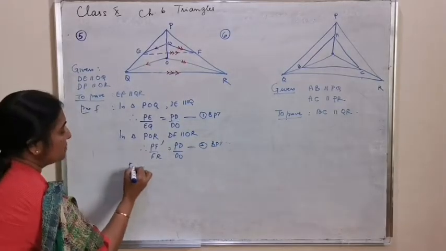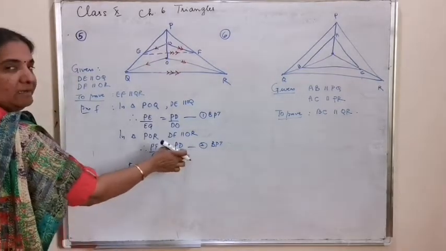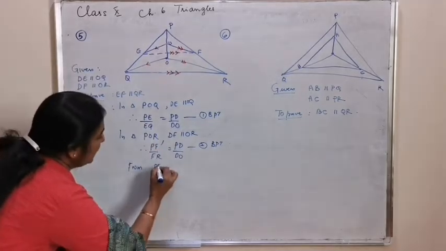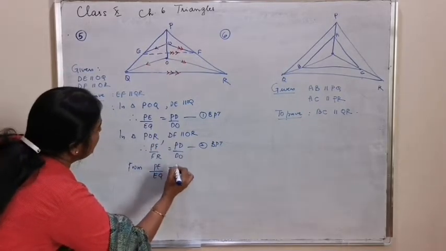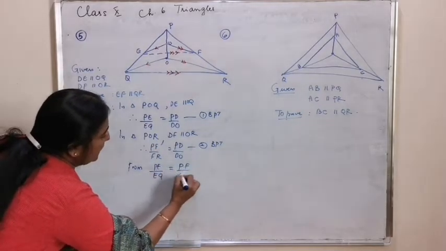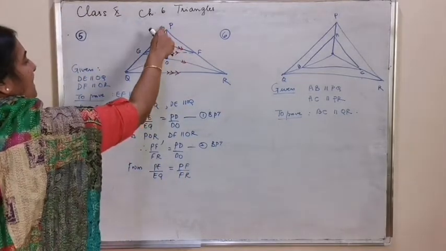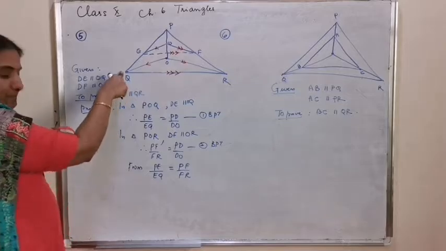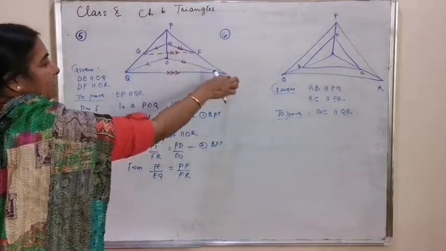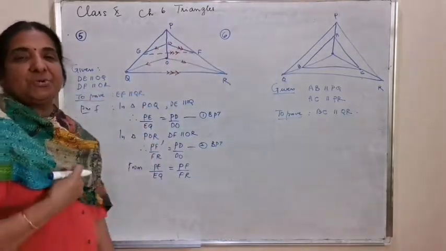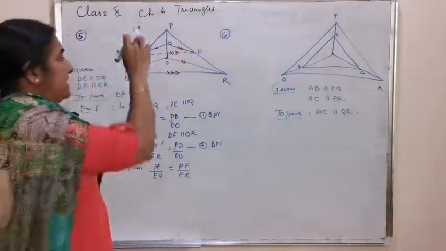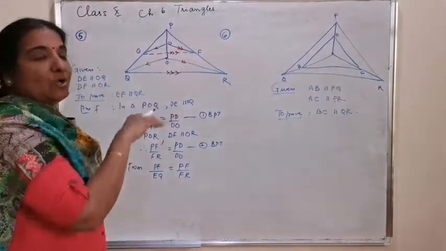From 1 and 2, since the right sides are equal, the left sides are also equal. PE by EQ is equal to PF by FR. That is, the ratio PE by EQ is equal to PF by FR. This ratio is in the bigger triangle PQR.